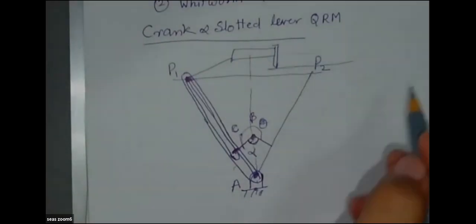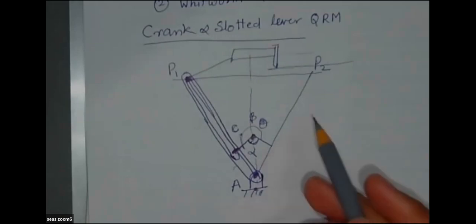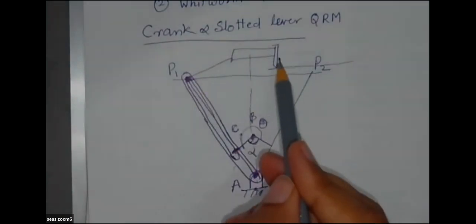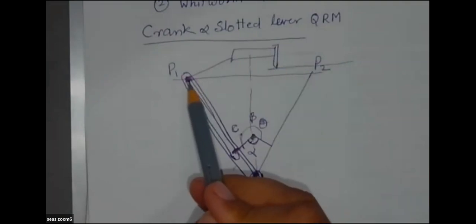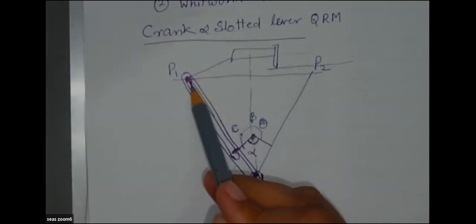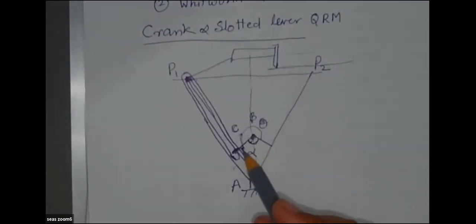Then P1 to P2 is actually the stroke length. The total stroke length through which this tool will travel will be the distance between these two extreme points, that is P1 to P2. At these extreme points, this angle is 90 degrees.